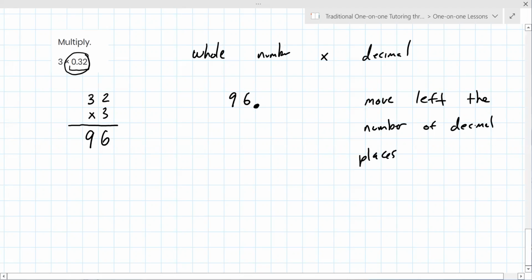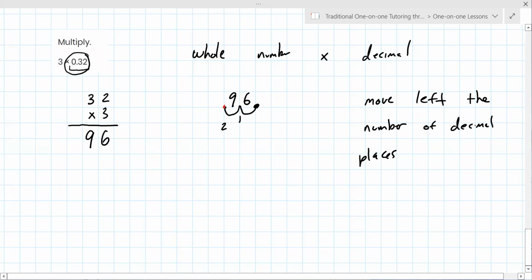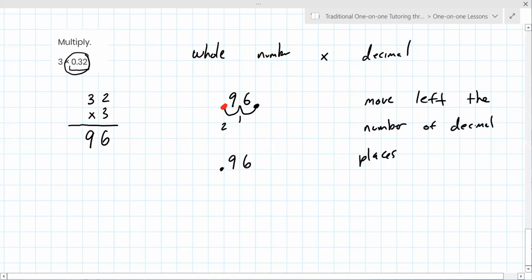Just count. The 3 and then the 2. How many is that? 2. So you move the decimal left 2 places. 1, 2. You're moving it, so it moves backwards. So your answer is 0.96.